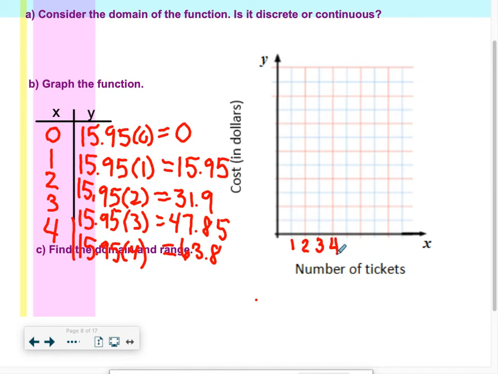Now, what would be a good number to count by on the y? We'd get all the way up to 63.8. Would tens work? I don't know. Should we go by fives? 10, 20, 30, 40, 50. Let's spread it out a little bit.